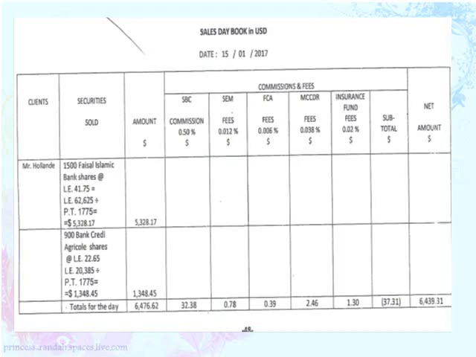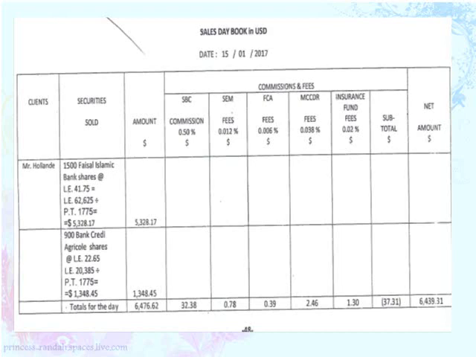You can see that when someone is buying, we add the commission and fees to the value of his purchases. But for sellers, we deduct the commissions and fees from the gross amount of his sales.